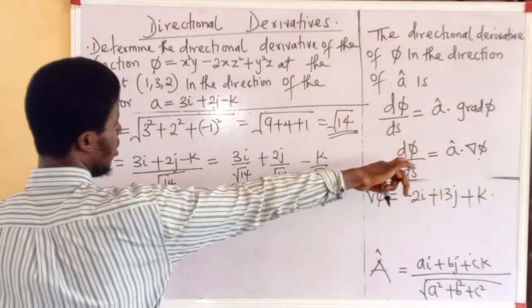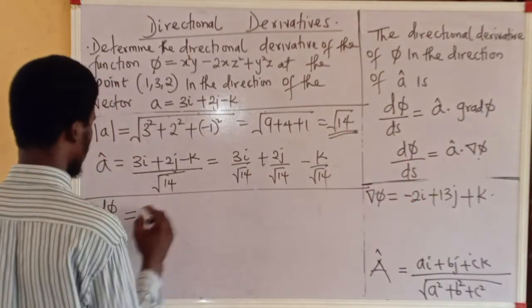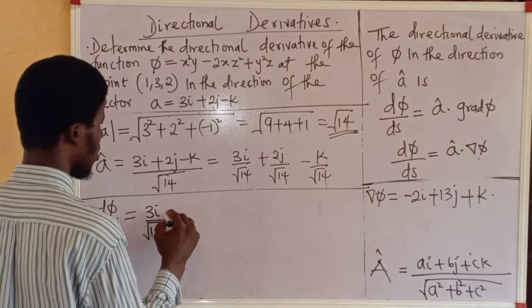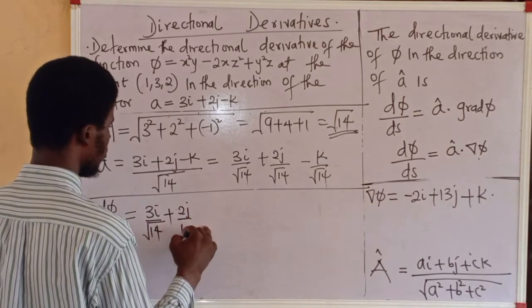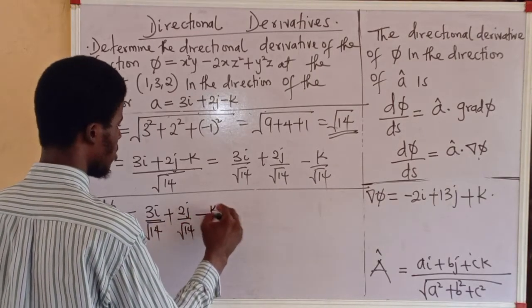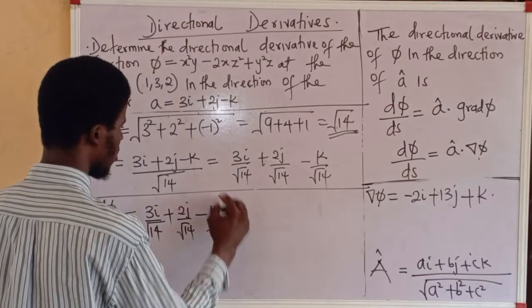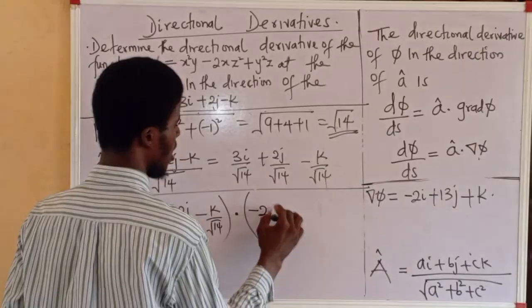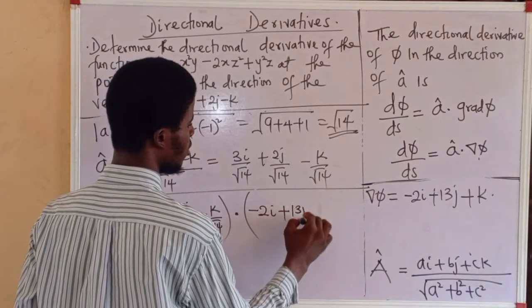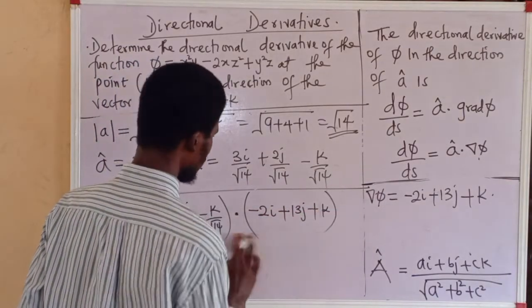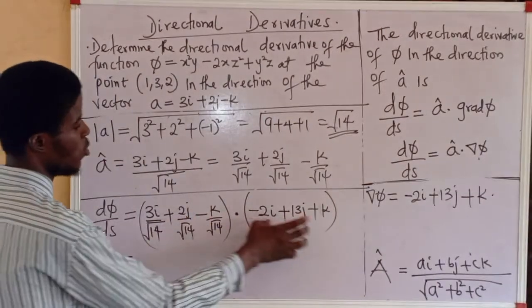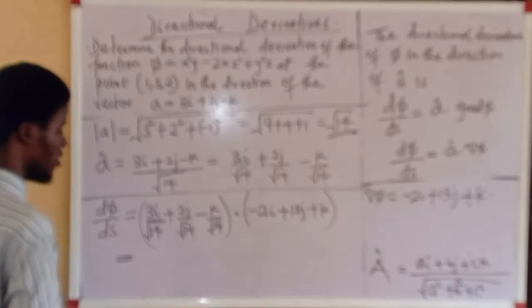So the unit vector is this: 3i over root 14 plus 2j upon root 14 minus k over root 14, dot minus 2i plus 13j plus k. For dot product, we are going to multiply the corresponding coefficients of i, j, and k respectively.